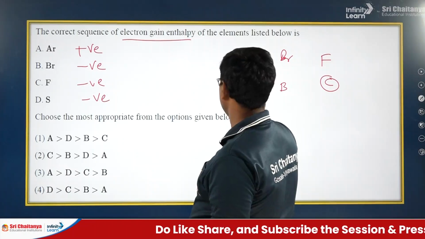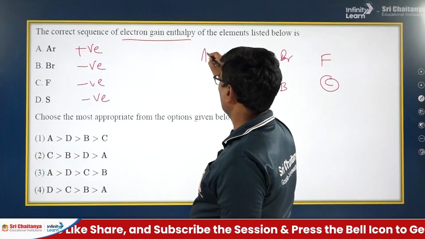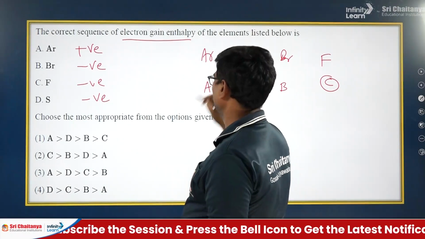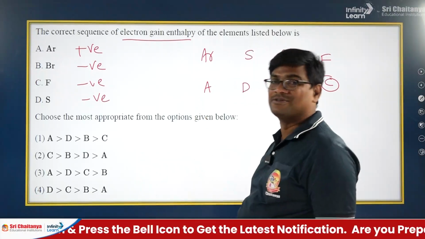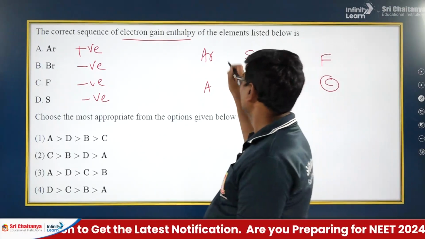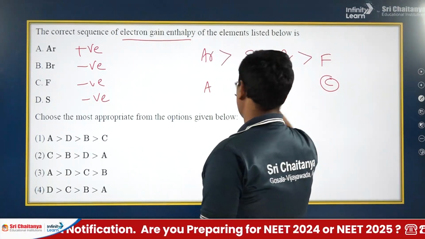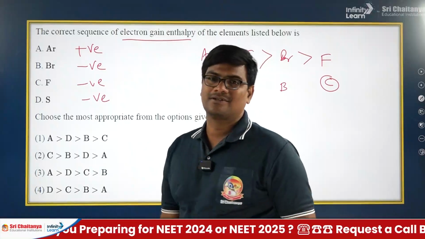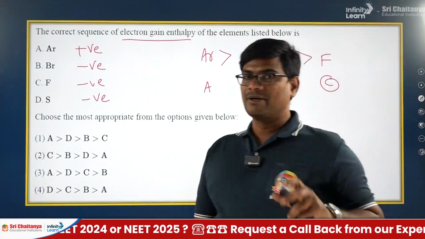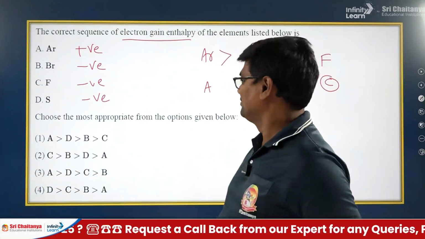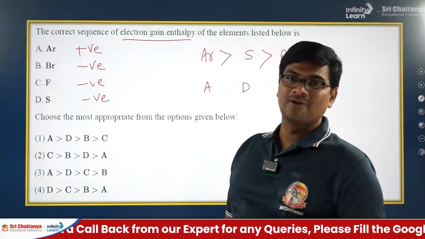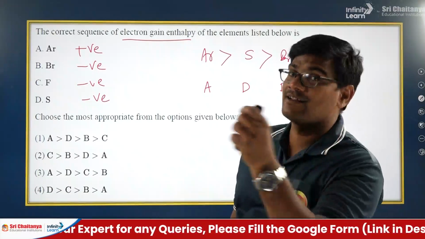That is option D. And then argon does have a positive value. That is option A. So argon has a positive value. That means electron gain enthalpy is more for argon than sulfur, than bromine, and then fluorine. Many students make the mistake of taking fluorine as having the most value. Fluorine has the most negative electron gain enthalpy.